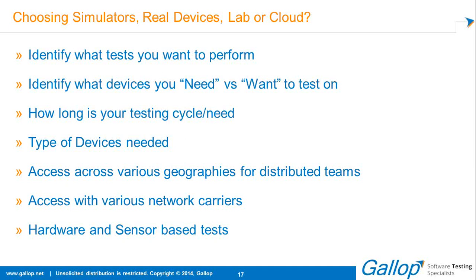And then come in the different network carriers, the 2G, 3G, and 4G providers, and the kind of ads that you might want to publish based on your network carriers, and any of the hardware and sensor based tests. All of these are some of the considerations that allow you to decide between simulators, real devices, on-premise lab, and a cloud.